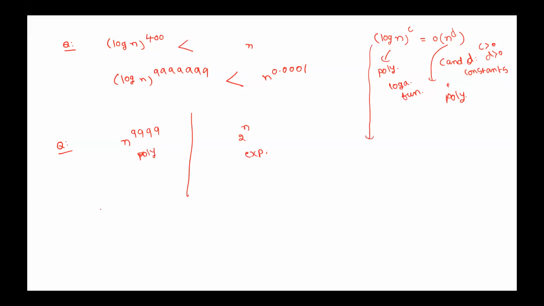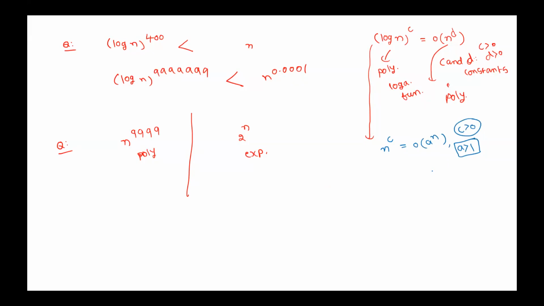In general, here also it has been proved that n power c, where c is a constant, is little o of a power n, where a is greater than 1. Why a is greater than 1? Please tell me. 1 to the power n will become constant.